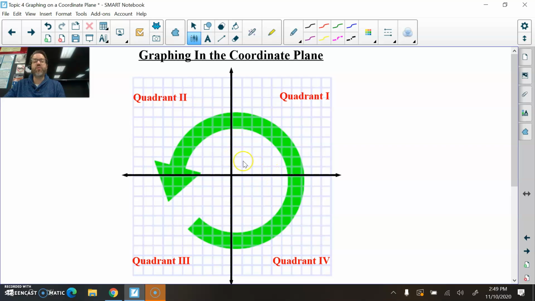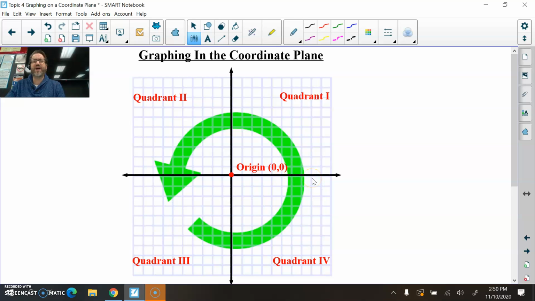Now, the X and the Y axis here, they intersect at what's called the origin. It's called the origin because that's where we always begin. The origins of something are where they begin. We always start right here in the middle where these two lines intersect. And the origin is located at point 0, 0. We're going to talk more about that and what those points mean.